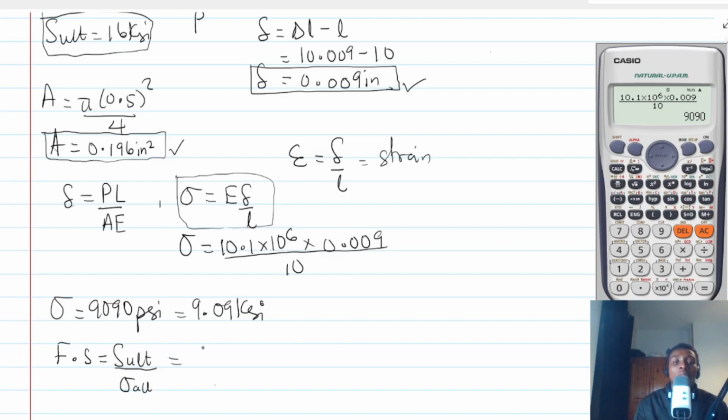So it's going to be 16 ksi divided by 9.09. So what is it? 16 divided by 9.09 is 1.76. All right, and this is dimensionless. In fact, this is the factor of safety.